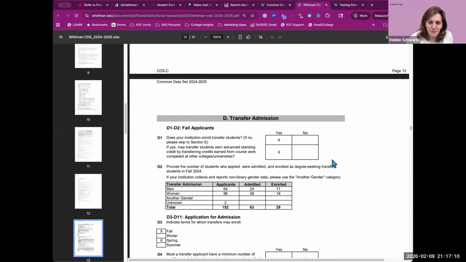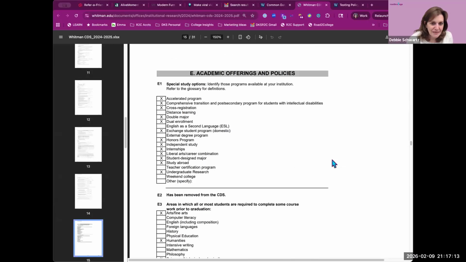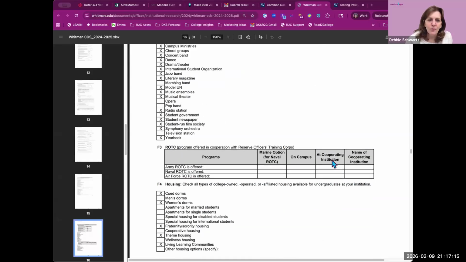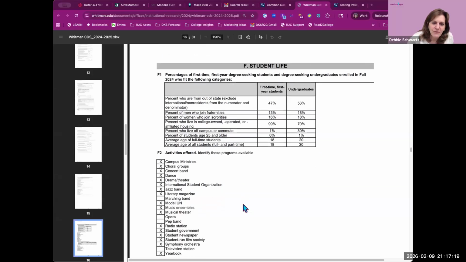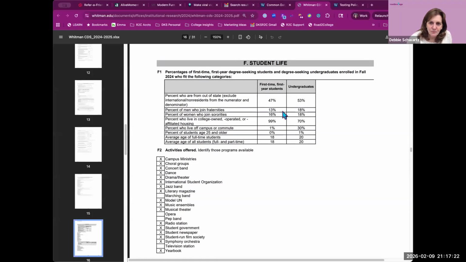Okay, let's jump now to section H. But before I do that, again, here's information from the Common Data Set if you want to look at things like what's happening on campus. One thing that some families are interested in, for pro or con, is what about the fraternities and sororities. In this case, they don't seem to be a big focus at Whitman, since the number of students in those organizations is on the lower side.